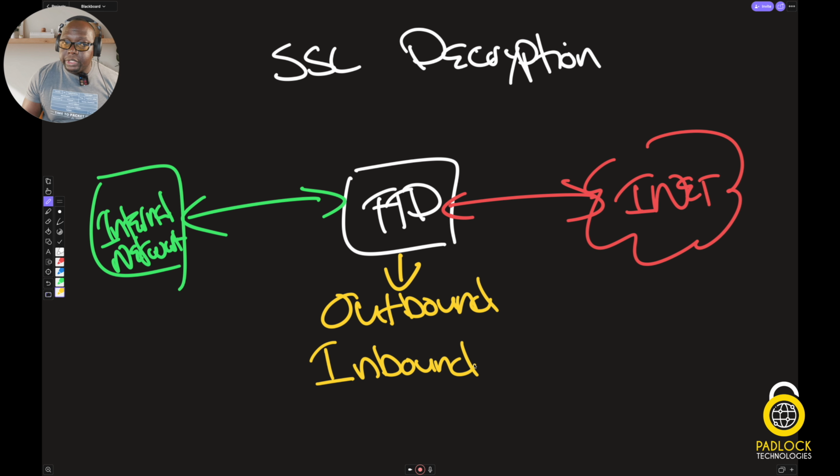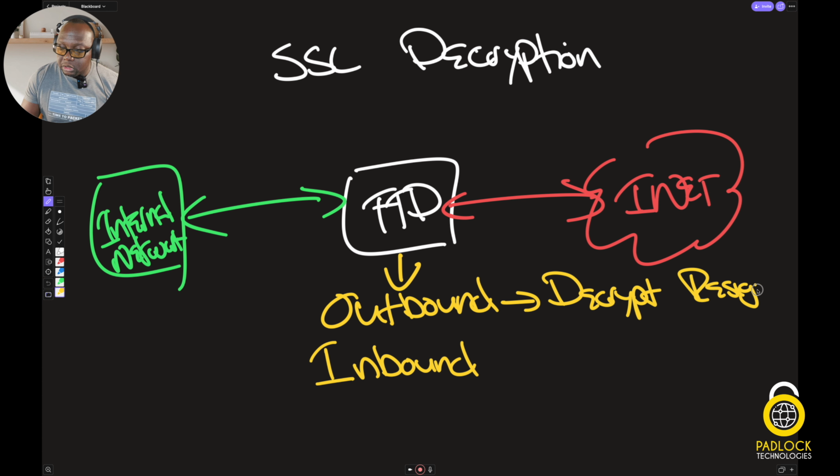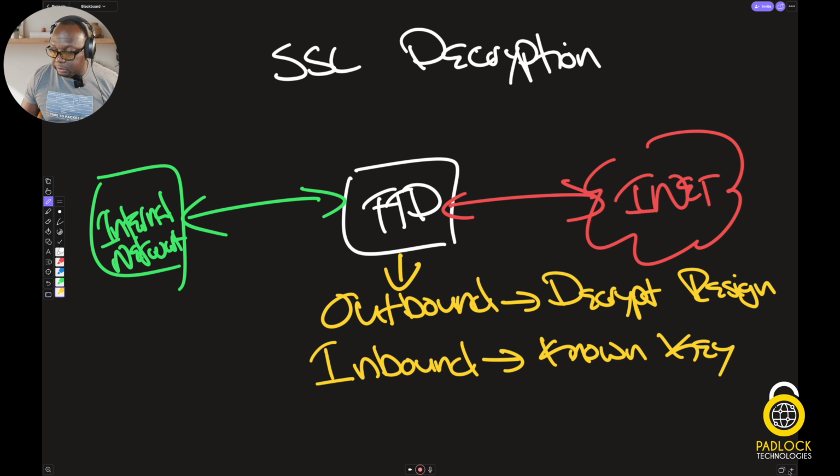The outbound method is known as decrypt and resign, and the inbound method is known as known key. Let's get into a little more detail about each method.